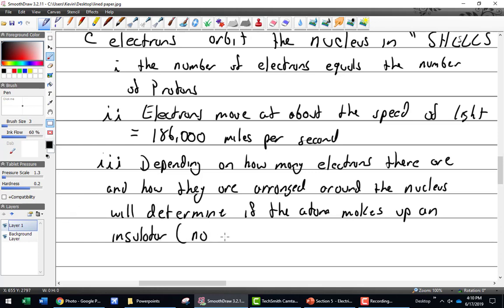Insulator means no electricity flow. Conductor means electricity flow.